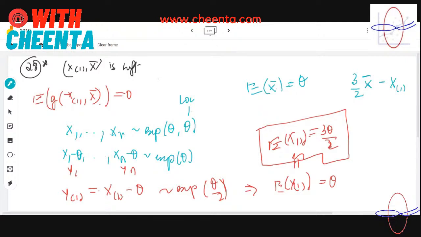What is the distribution here? What is the density here? What is the expectation of x bar? Wait, just a minute.